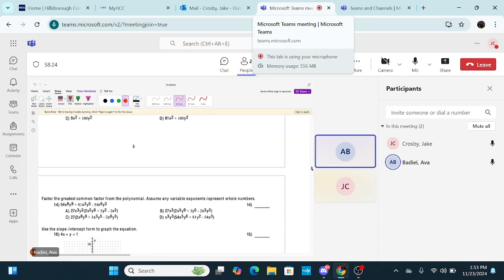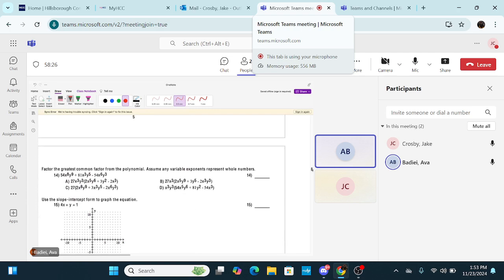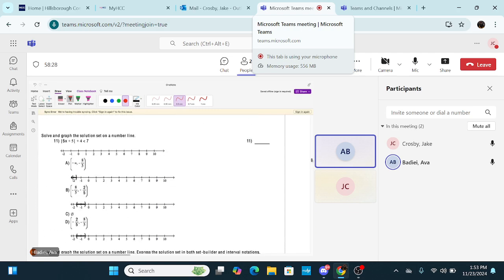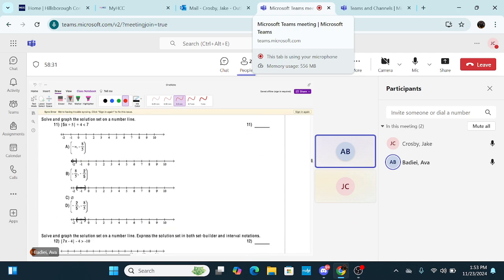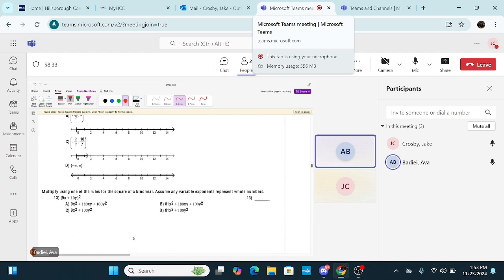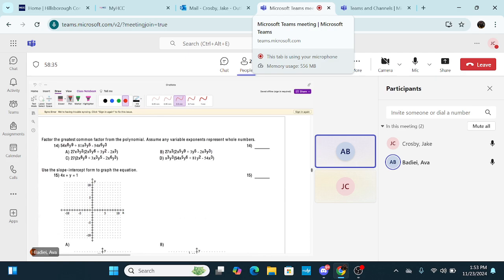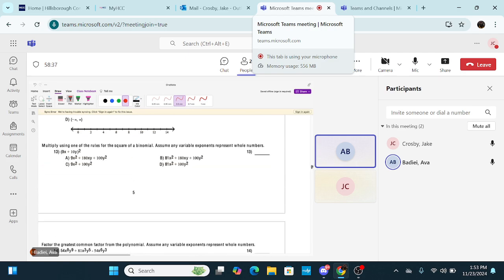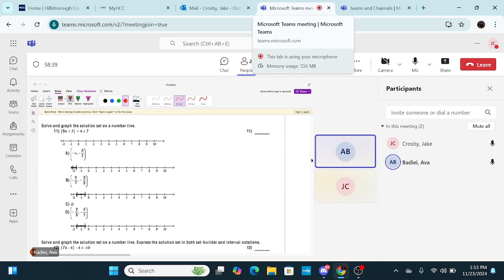All right, so these ones are a little long. Maybe we can do these two. Use the slope intercept. Which one? 11. Okay, let's see. So we are having the absolute value of this plus 4 less than 7.